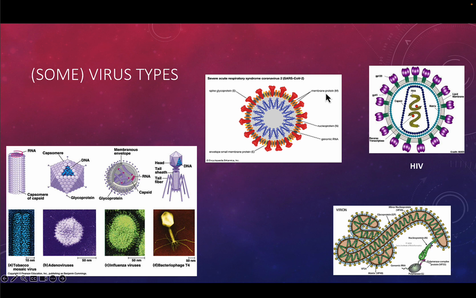COVID-19 is a disease name, coronavirus disease in 2019. The virus that causes it is called Severe Acute Respiratory Syndrome Coronavirus 2, or SARS coronavirus 2. This is what it looks like as a cartoon.